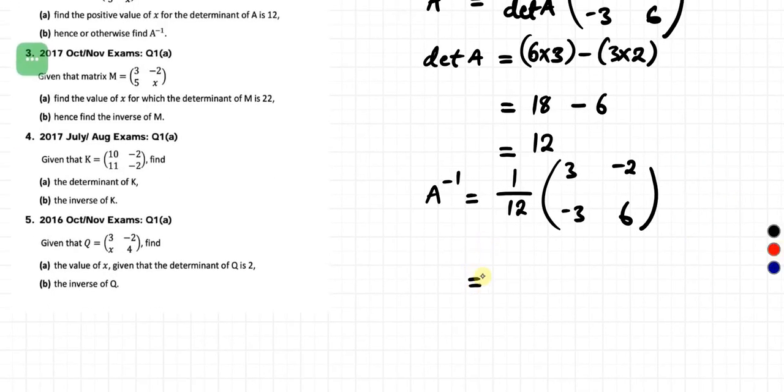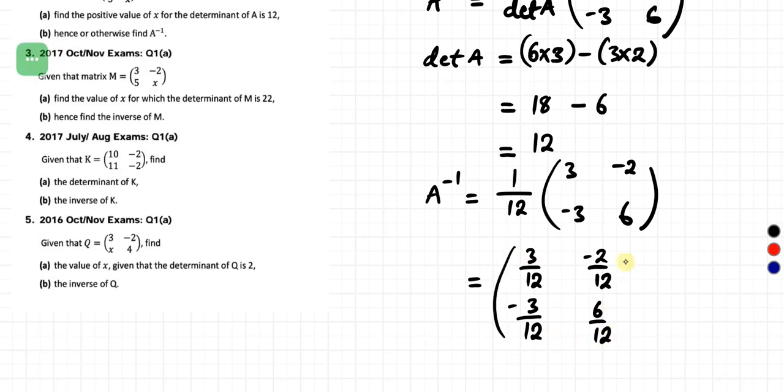You multiply this times that: 1 over 12 times 3 will be 3 over 12. Then 1 over 12 times -2 will be -2 over 12. Then 1 over 12 times -3 will be -3 over 12. Then 1 over 12 times 6 will be 6 over 12.